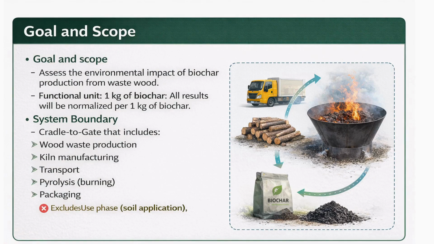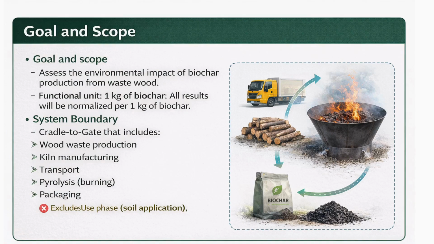In the system boundary, we have considered the wood, then transportation of wood, and then the kiln or the material associated with the kiln, that is the steel and its fabrication, and then finally the final product, biochar, is packed, so there is packing material, and then it is transported to the endpoint.